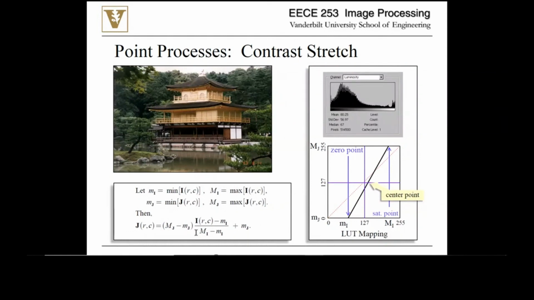And for instance, can you tell me, are we increasing or decreasing the contrast in this, or what do we have to look at to know if this transformation is increasing or decreasing the contrast? Decreasing. Why?